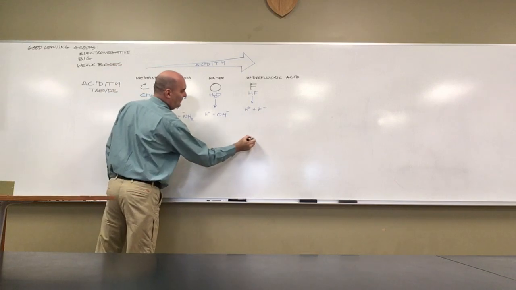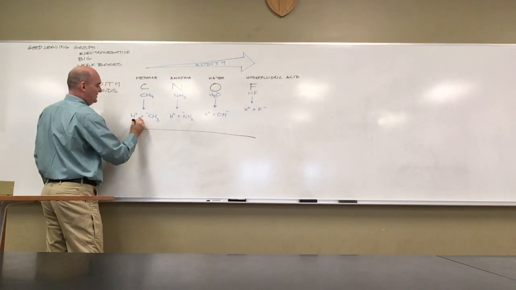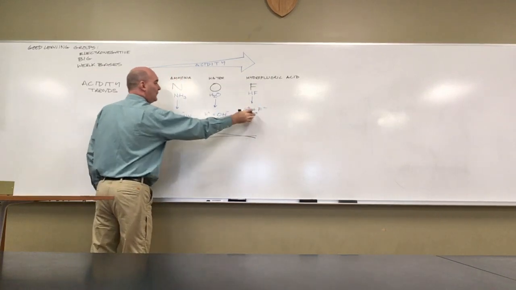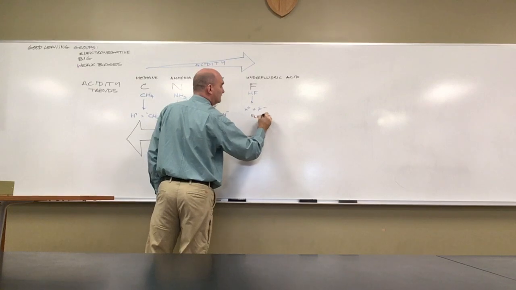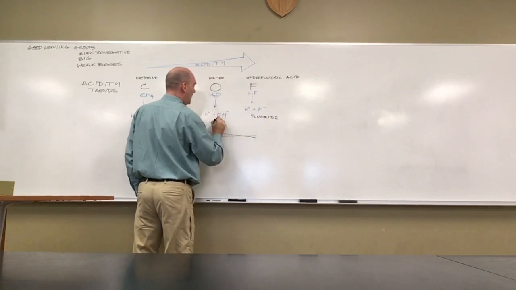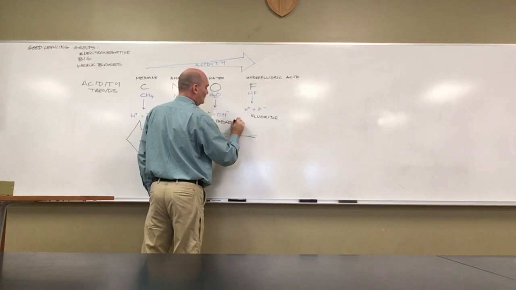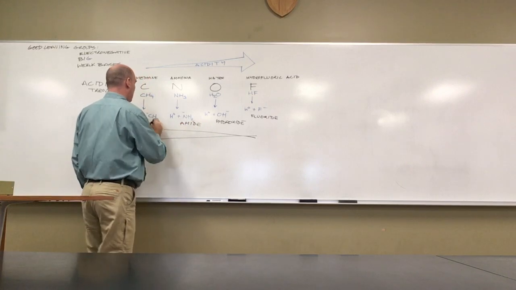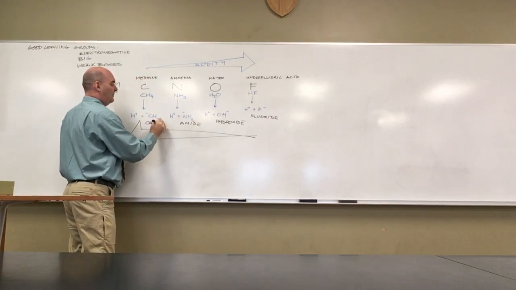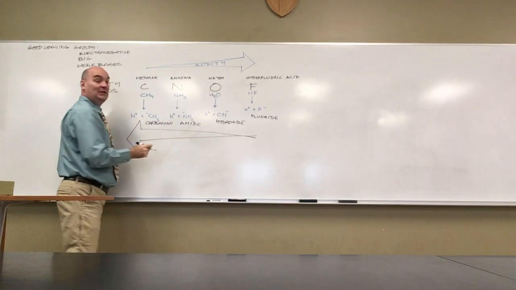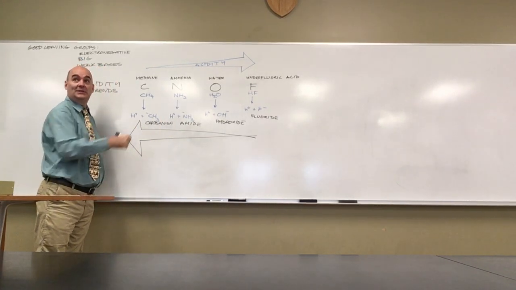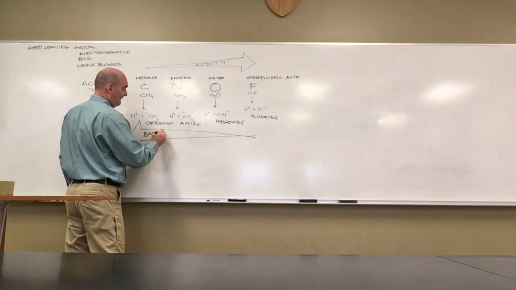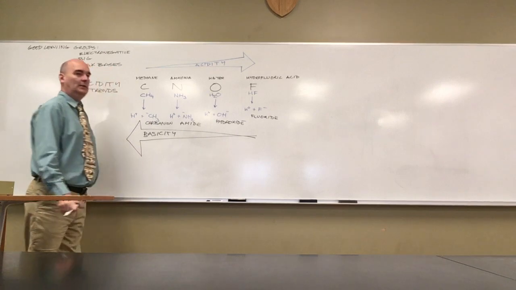That means that the basicity trend for these anions, fluoride, hydroxide, amide, and carbanion. We've seen carbocation. This is its opposite. This is a negatively charged carbon. Basicity goes that way.